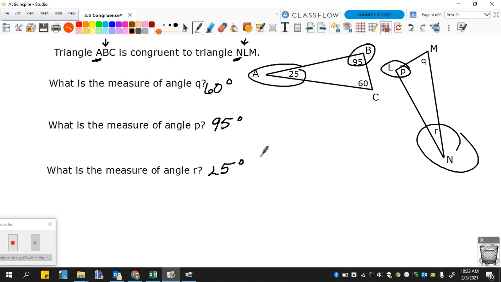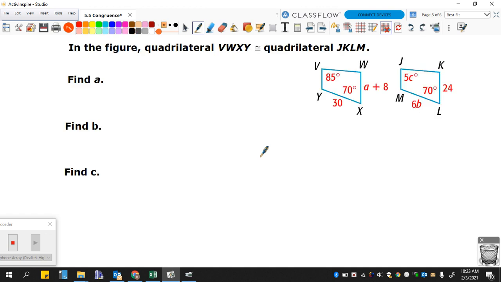The next one says, in the figure, quadrilateral VWXY is congruent to quadrilateral JKLM. Find A. A is side WX, which is right here. That's the middle, so that's the same thing as KL.